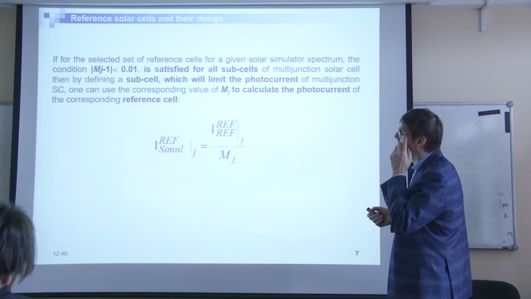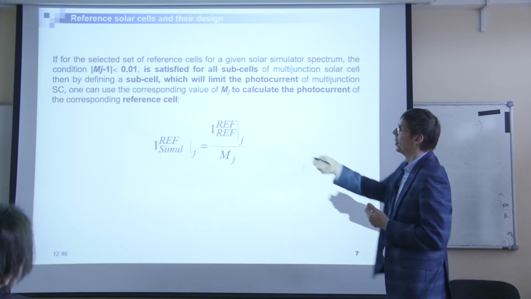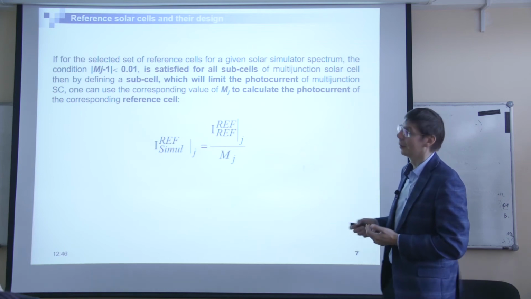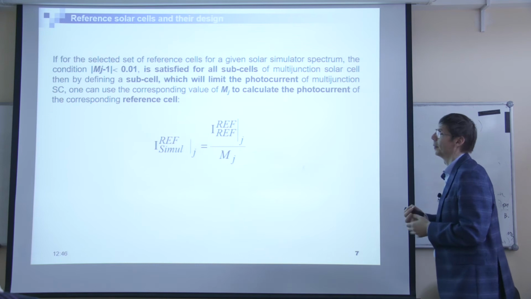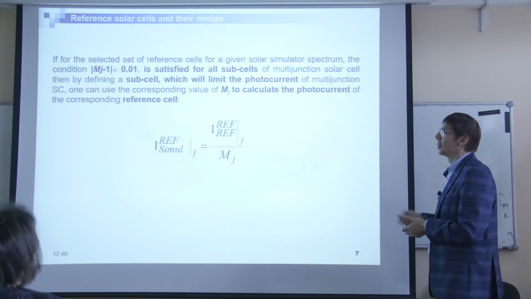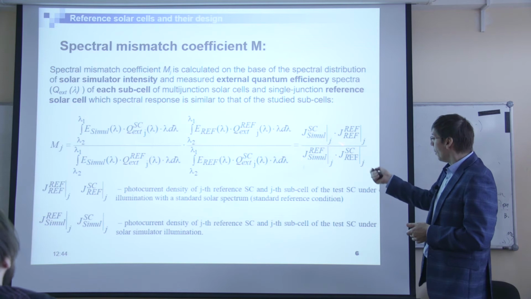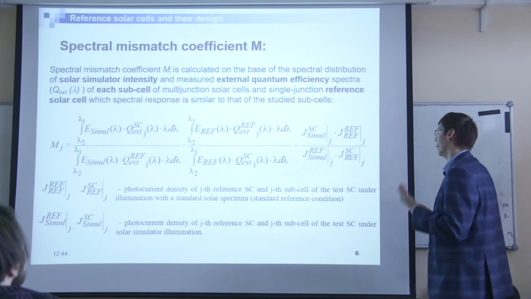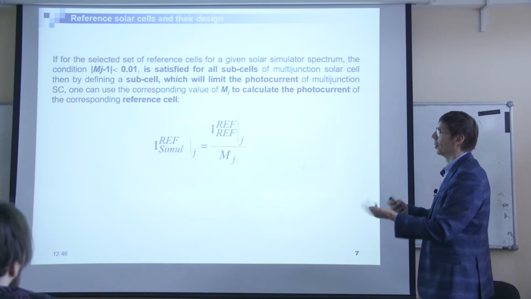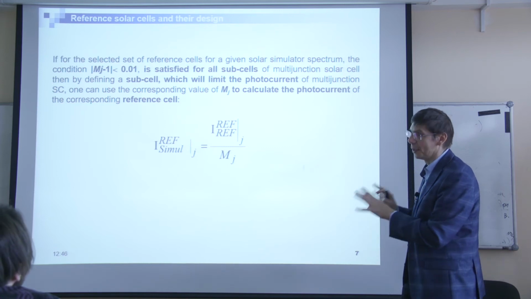Then you check if the difference between this coefficient and 1 is less than 0.01, so it's like a 1% difference from unity. You see, if everything is equal, you would have a 1. And if this difference between the coefficient and 1 is less than 1%, it's okay. So you see it's quite a strict condition.